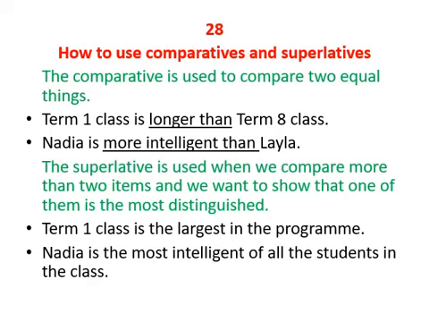عندي نادية وليلى. The superlative بالنسبة للsuperlative بقى, the superlative is used when we compare more than two items. بنقارن أكتر من حاجتين and we want to show that one of them is the most distinguished. واحد من اللي أكتر من اتنين دول is the most distinguished, هو الأكثر تميزاً. لما أقول term 1 class is the largest in the program. صح. أنا بقارن term 1 بكل الترمات في البروجرام.